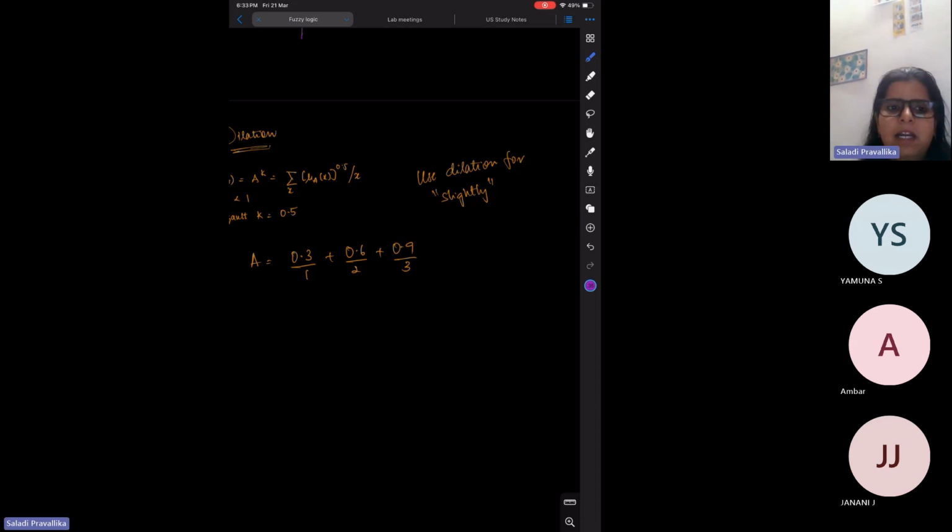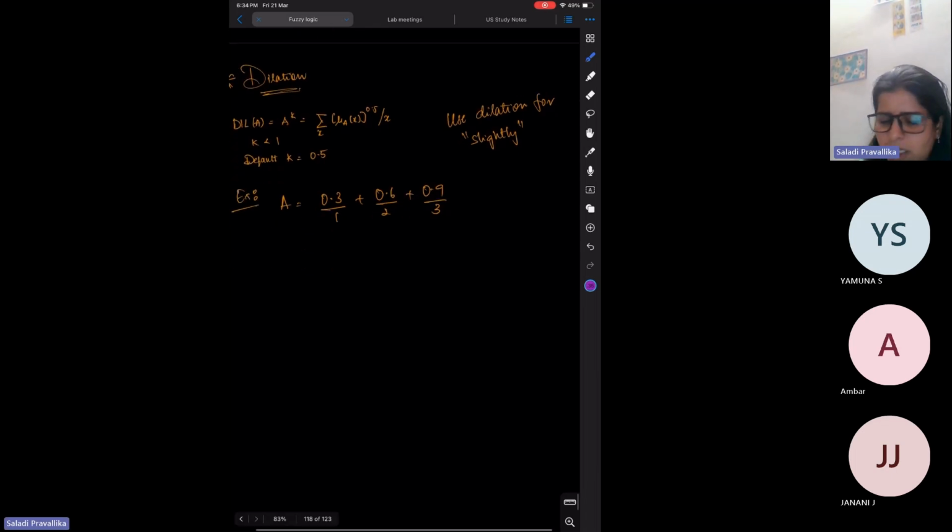In the common example that we looked at earlier, we had very common, very very common, extremely common, less common, or more common. If I'm asking for slightly common, slightly here indicates that you have to take the dilation for the default value of k, that is 0.5.